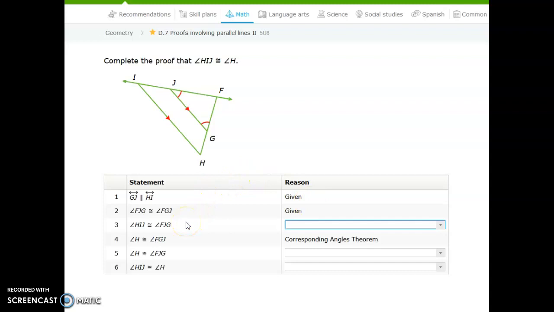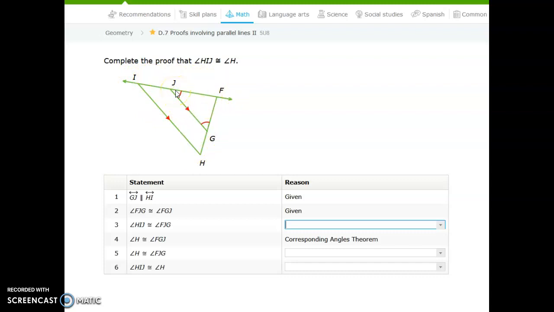The next line says angle HIJ is congruent to angle FJG. HIJ is congruent to FJG.